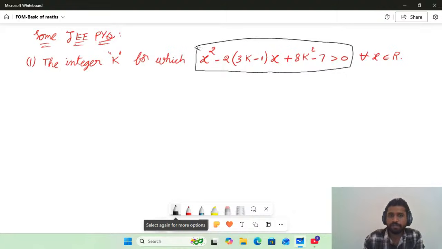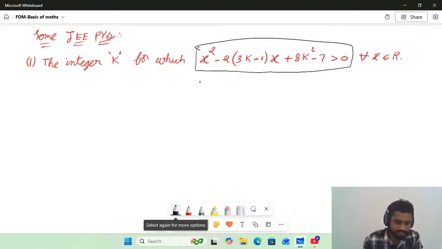If you see carefully, this is a quadratic equation. So when will a quadratic be greater than 0, always greater than 0, for all real values of x?